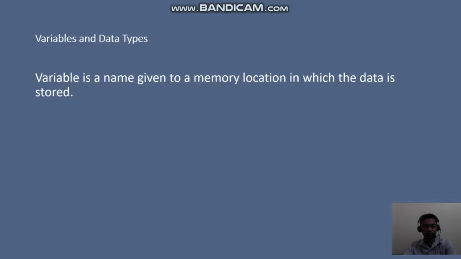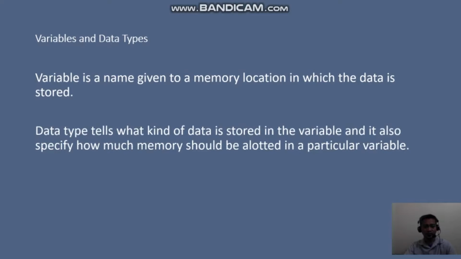Variables and data types. As I mentioned a while ago, variables are the given name to a memory location of a computer in which the data is stored. And for variables, you could actually tell the data type of the variable. Like for example, when I say variable x, what is its data type? Say int.